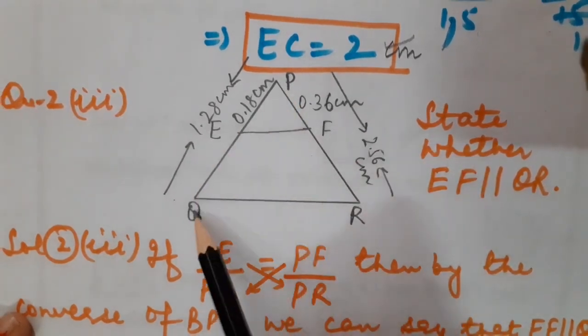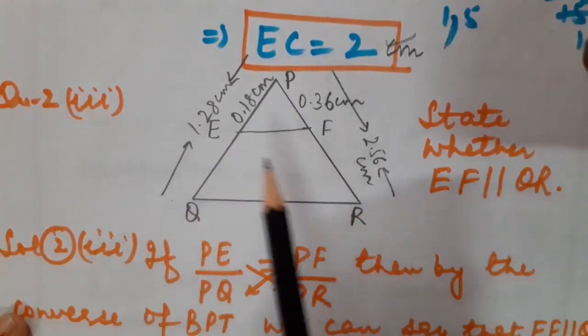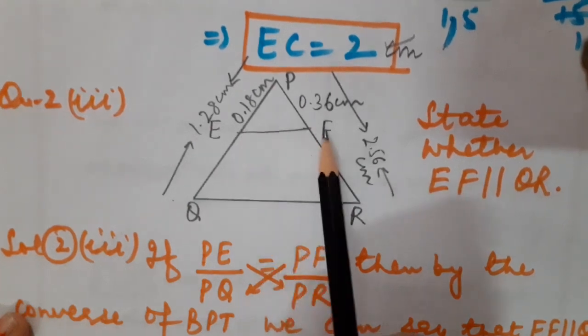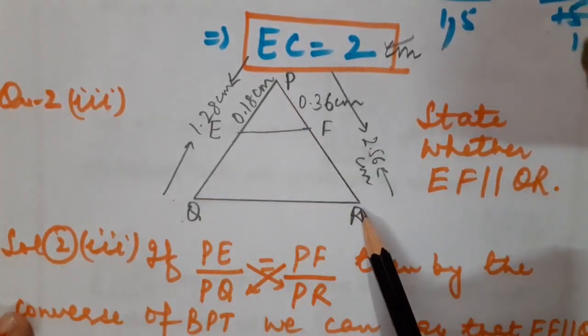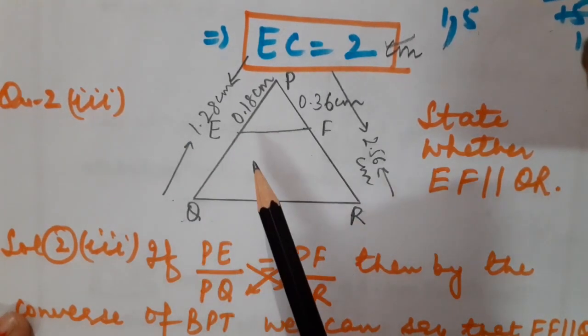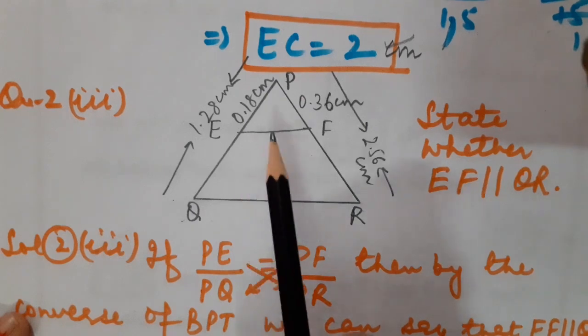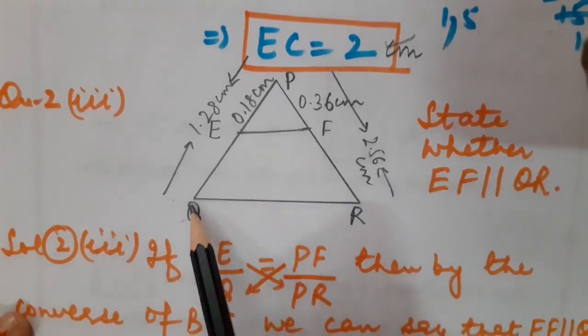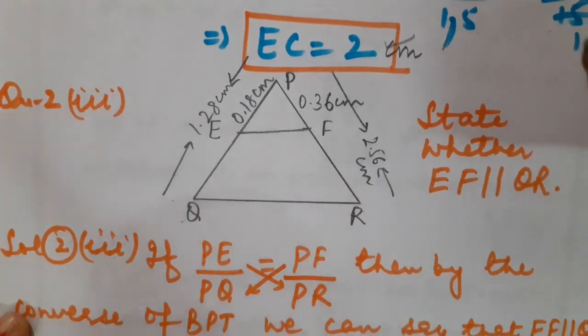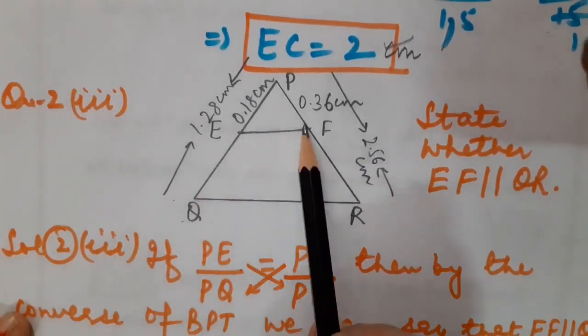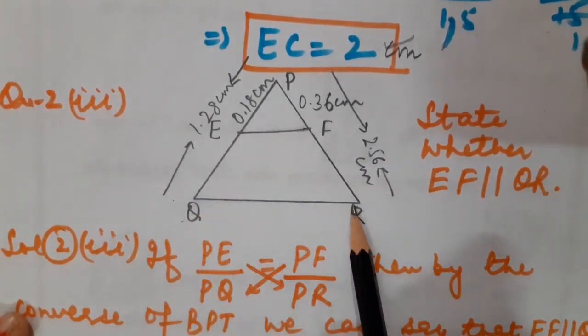Now let us switch to question number 2, third part. There is a triangle given PQR. E and F are the points on the sides PQ and PR respectively. What else is given? We will have to prove that EF is parallel to QR. Now, children, think in which case we proved that EF is parallel to QR.